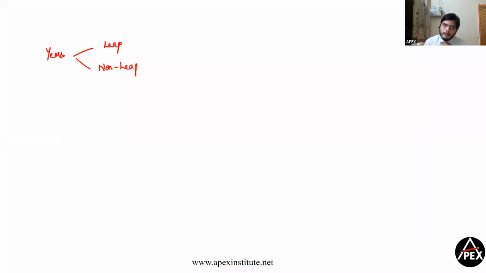What is the difference between these two? Yes, one extra day. In a non-leap year we have 365 days, and in a leap year we have 366 days. And that one extra day is because of Feb 29. Perfect.